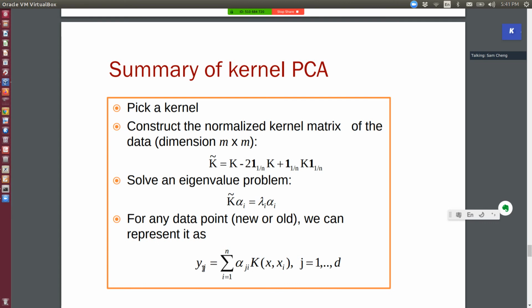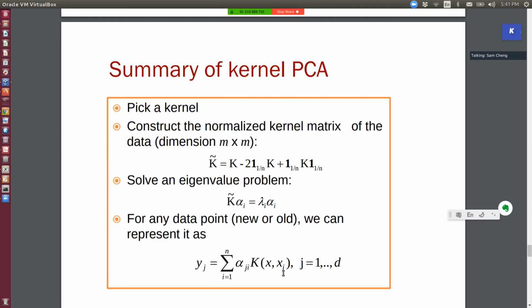So then your data point will be the eigenvector, then eventually the eigenvectors will be this way. This will be the eventual eigenvector.